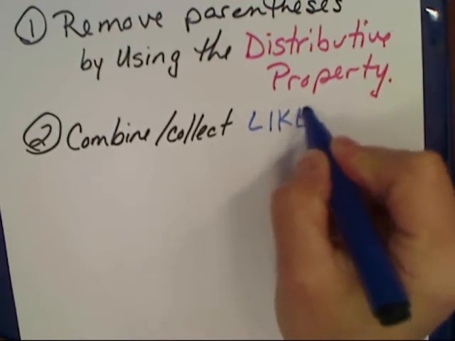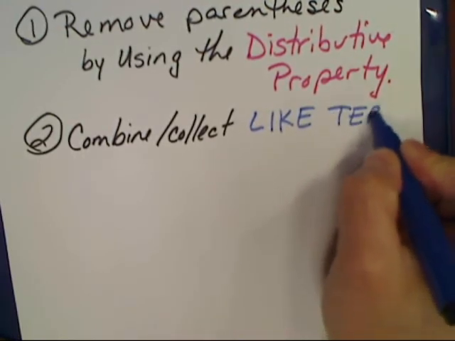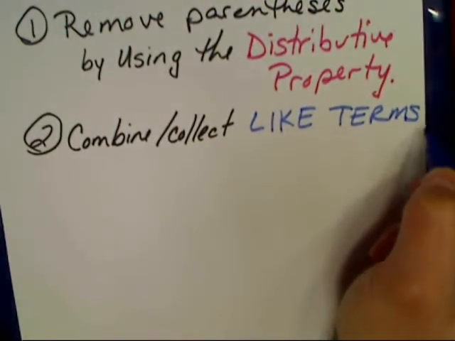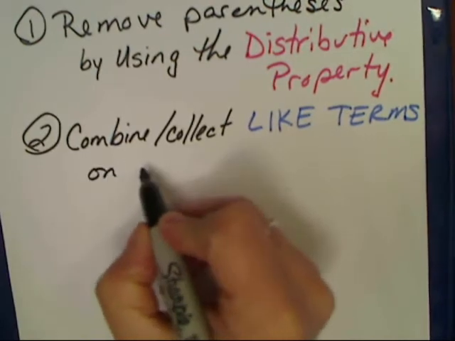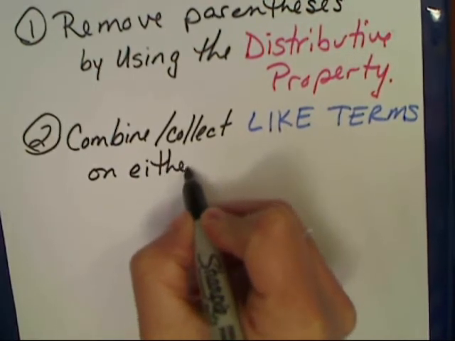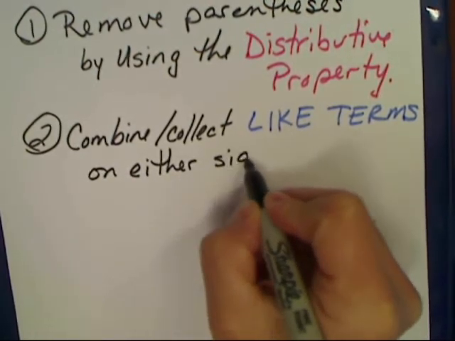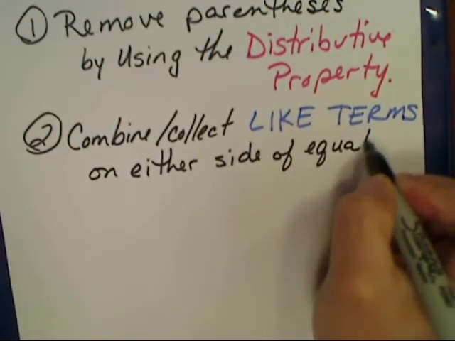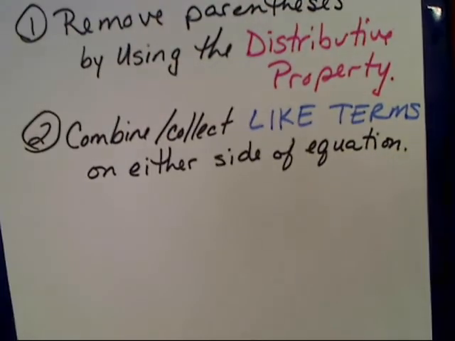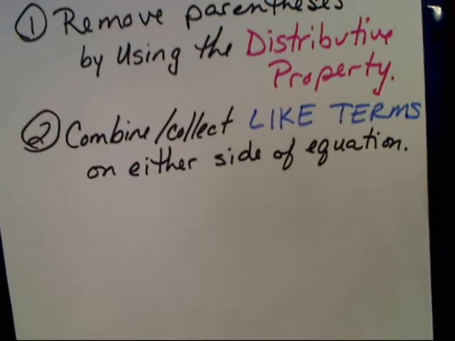It's really important that you understand what terms and what like terms are. So combine or collect like terms on either side of the equal sign. Remember that this will be adding or subtracting, whatever the sign says. If we're not moving from one side of the equal sign to the other side, we keep the sign of the term.